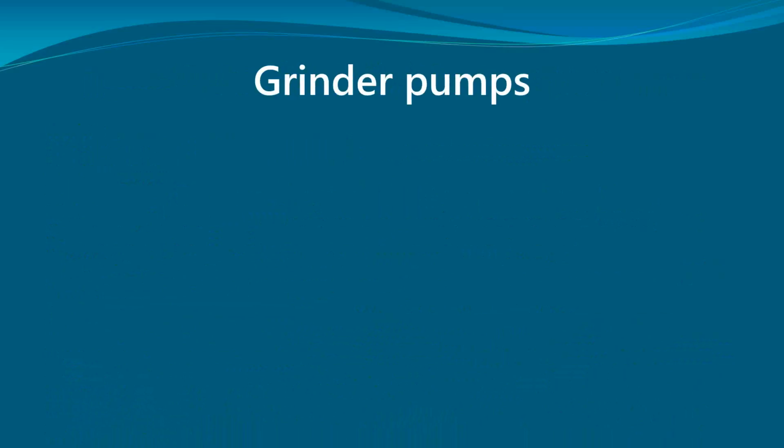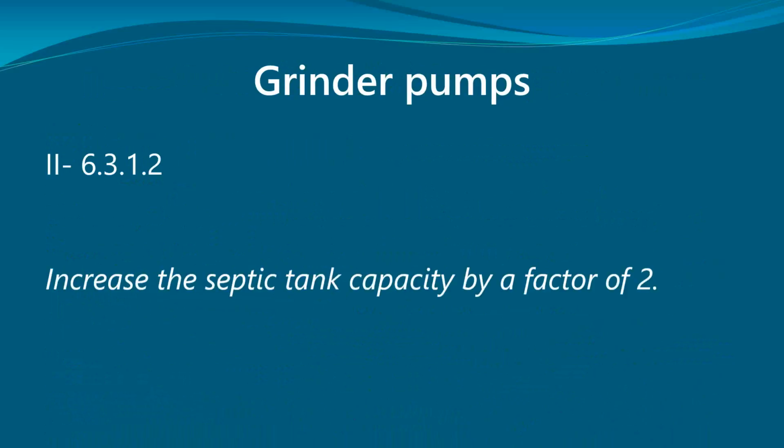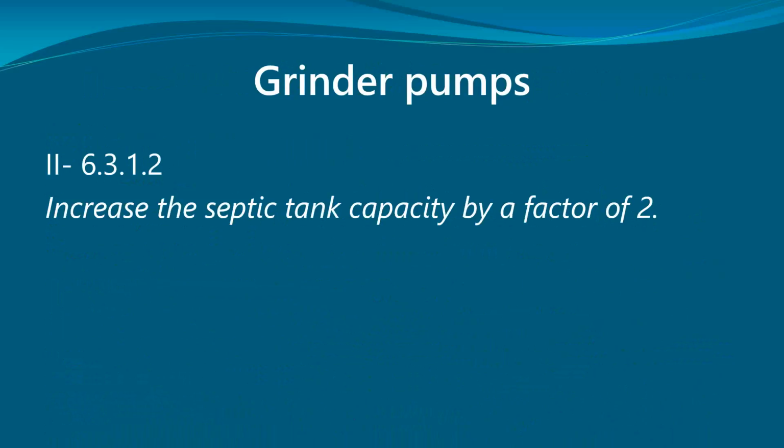Grinder pump, similar but different. It's all about increased total suspended solids, right? More mass loading reaching the soil. Grinder pumps don't require an increase to DDF. They require an increase to the septic tank capacity by a factor of 2, double. But DDF still stays the same.